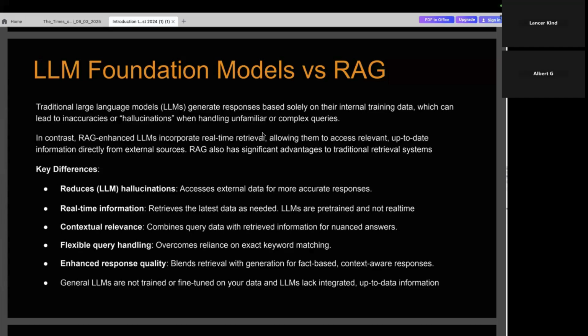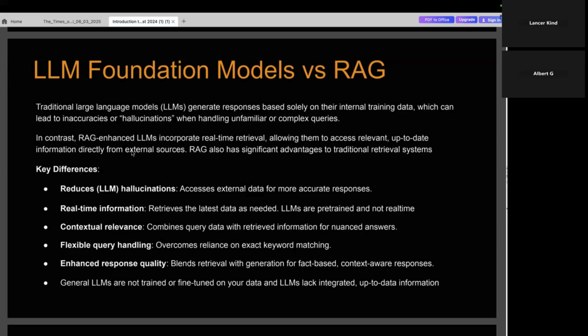So when we are using RAG, what are the advantages? One thing is that with any external database we have, RAG may be able to access the relevant section of the data and give us a proper response. So it will reduce the hallucination.